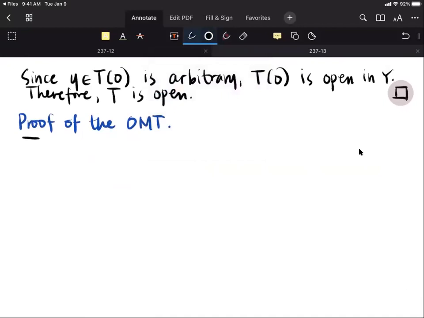For this direction, suppose that T is surjective. We wish to show that it is onto.